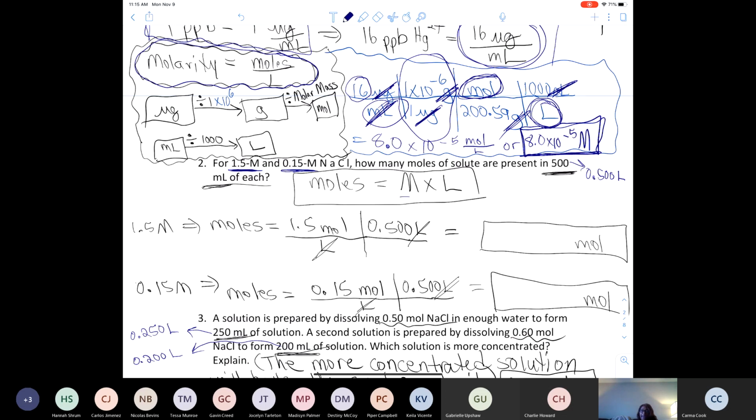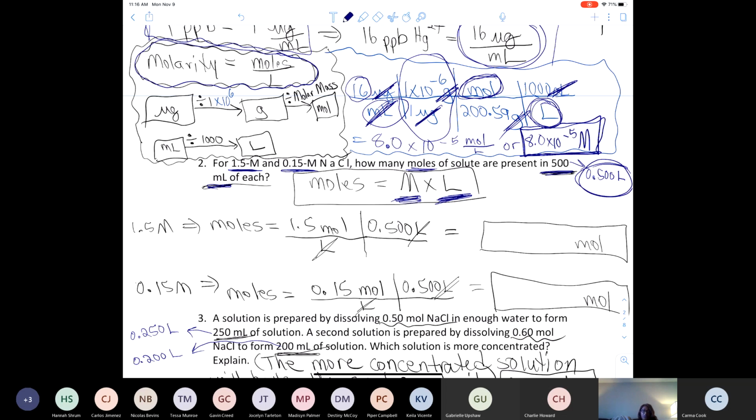So we're given molarity, we're given milliliters of 500, which therefore we can easily convert to liters. So 500 milliliters is 0.500 liters. So we know molarity and we know liters, so we can calculate moles.